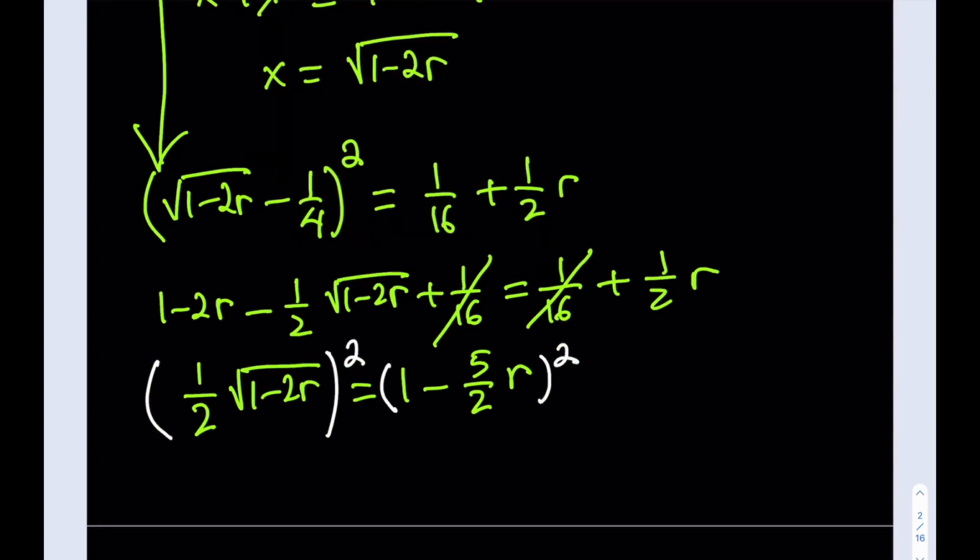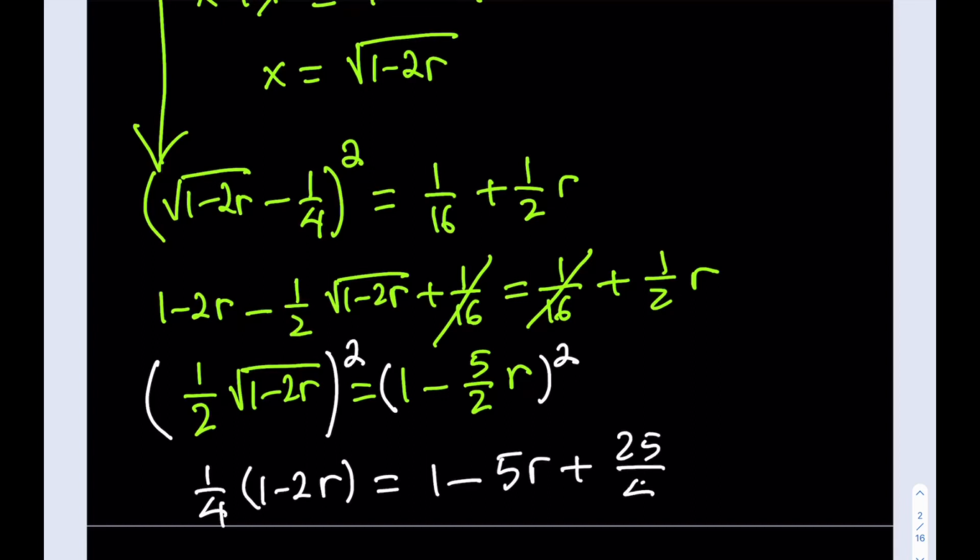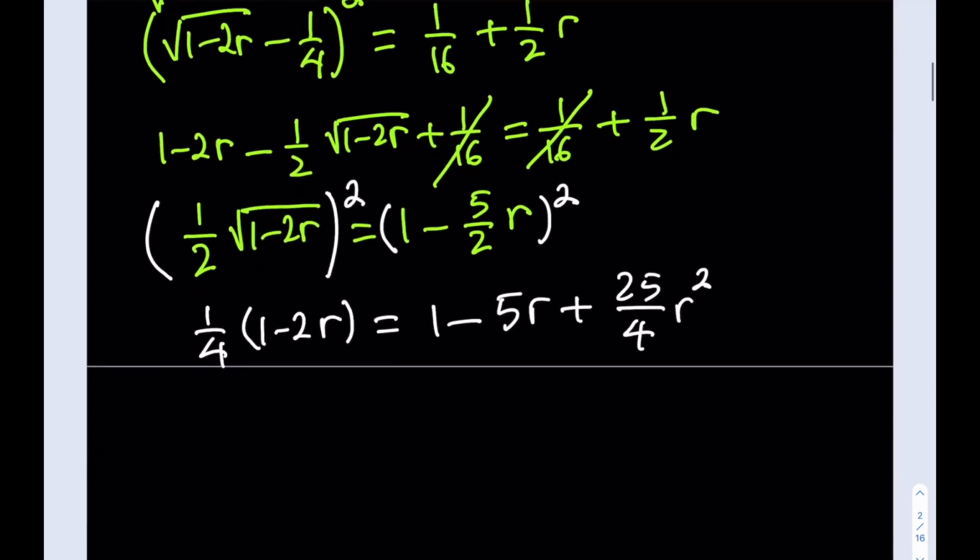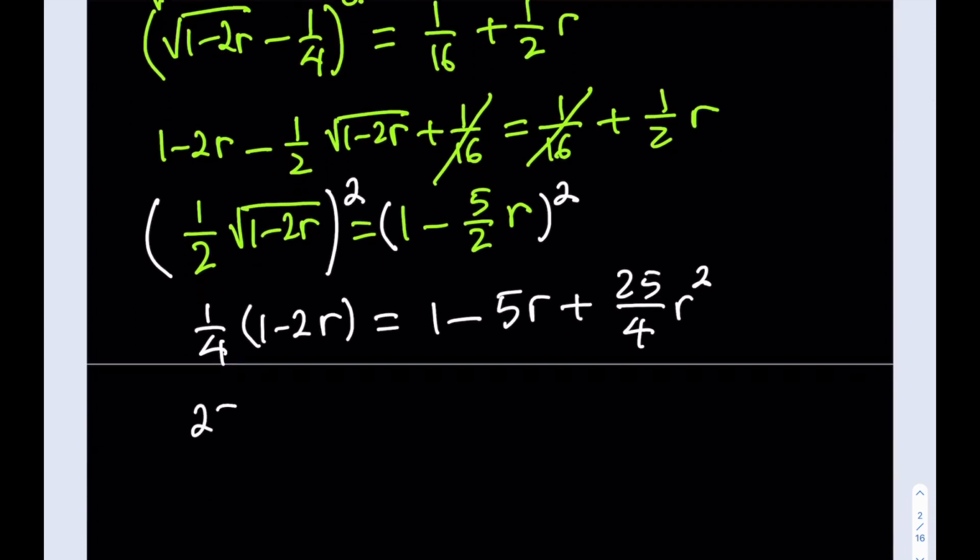If you go ahead and do that, this is going to give us 1/4 of 1 minus 2r is equal to 1 minus 5r plus 25 over 4 times r squared. Let's put everything on the right-hand side where the r squared is positive. If I distribute, I'll get negative 1/2 of r, which is negative, so I have to add that.